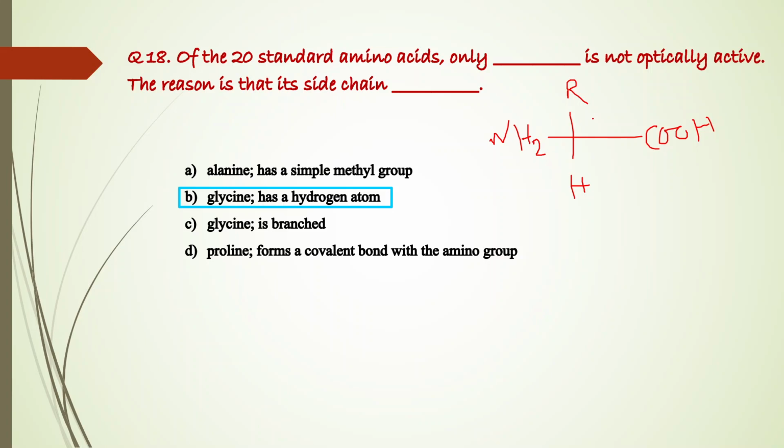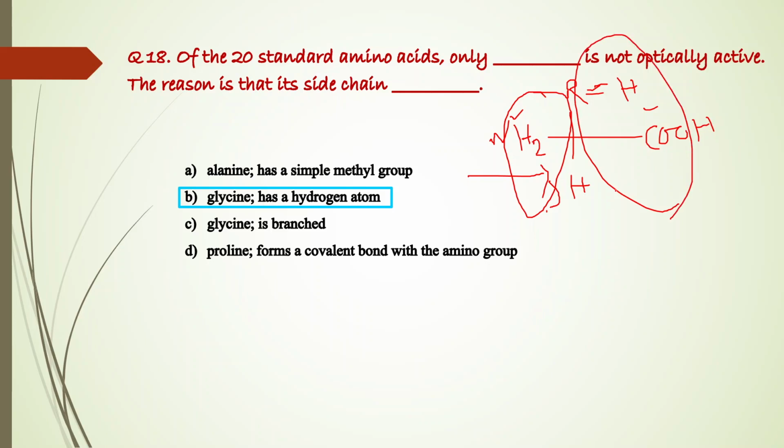Generally, for all other amino acids, this R group is different from hydrogen, NH2 and COOH. So in all those cases the four substituents are different, that is, all of them are chiral. But in the case of glycine, this R is hydrogen. That means two of the substituents are similar. So whenever you pass light through this molecule, one part of the molecule will rotate the light to whatever extent, and the other part will basically cancel it out.